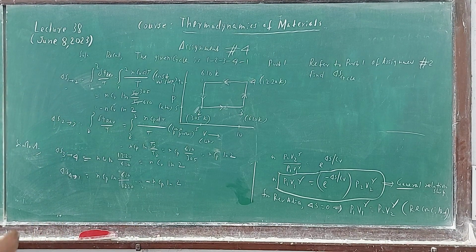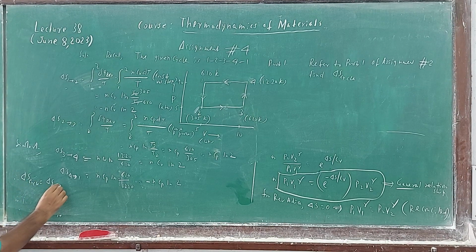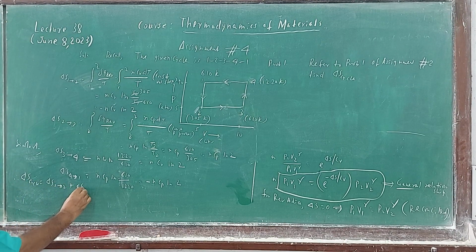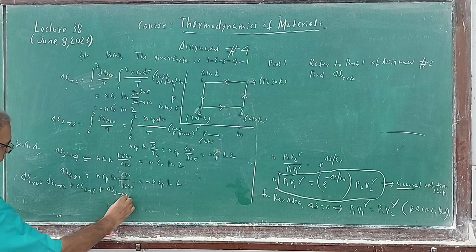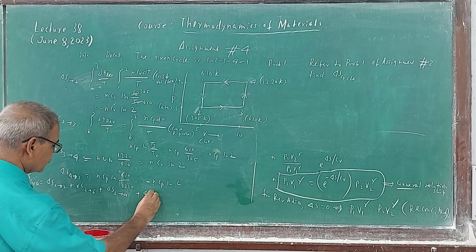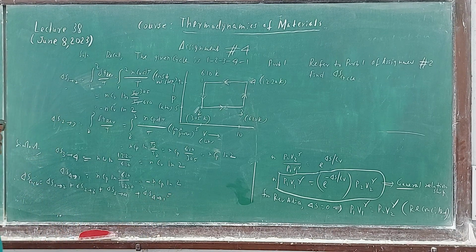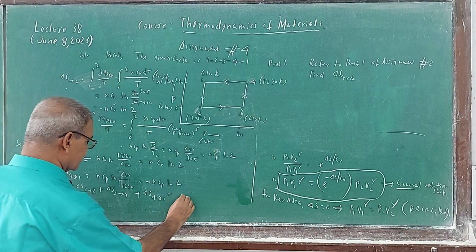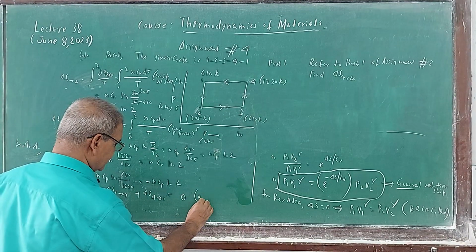Delta S cycle is delta S 1 to 2 plus delta S 2 to 3 plus delta S 3 to 4 plus delta S 4 to 1. You write NCV ln 2, and you get this is 0, as expected.